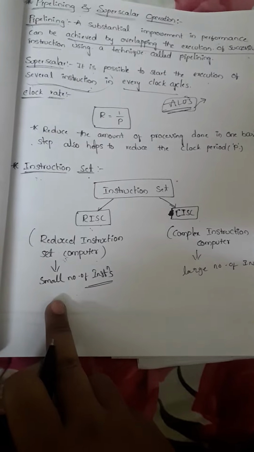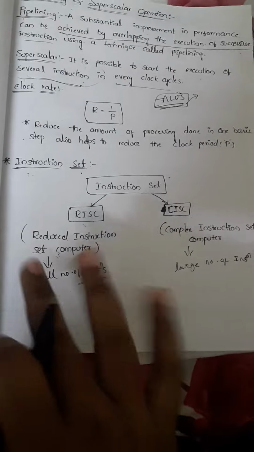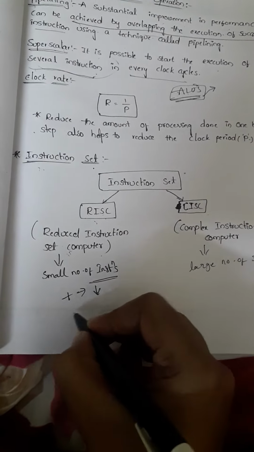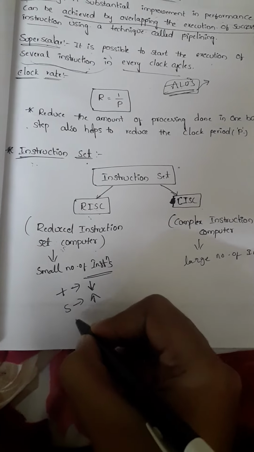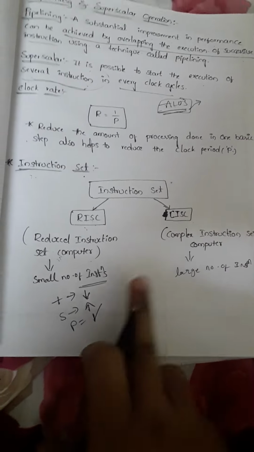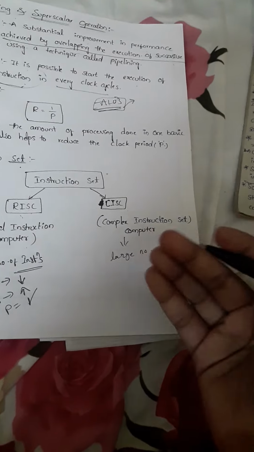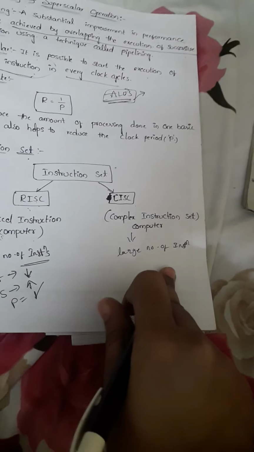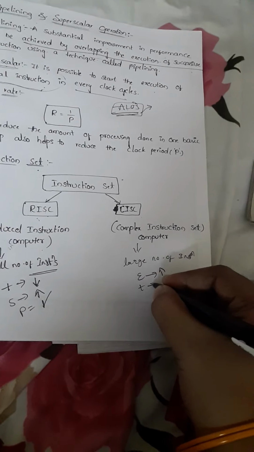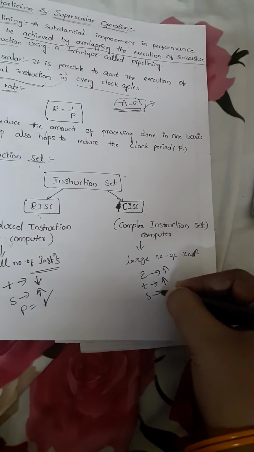With a large number of instructions, the execution steps also increase, so the time taken for execution is increased and the speed will decrease.